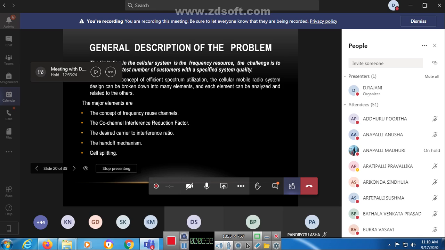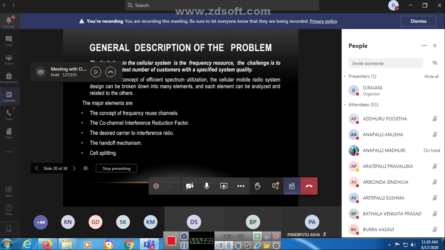What are they? Concept of frequency reuse, channels, co-channel interference reduction factor, the desired carrier to interference ratio, the handoff mechanism and cell splitting. I already explained the frequency reuse concept.